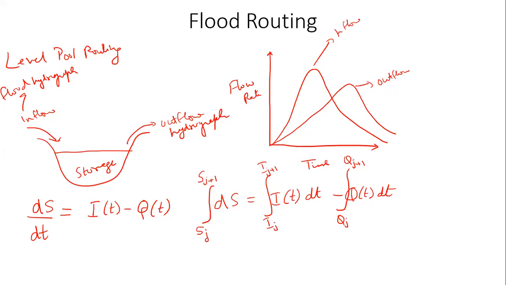So now let us try to understand what kind of information we need to solve this equation. I've already told you what is known. Okay, let me write on the next slide. I of t is known, which means Ij is known, Ij plus 1 is also known.